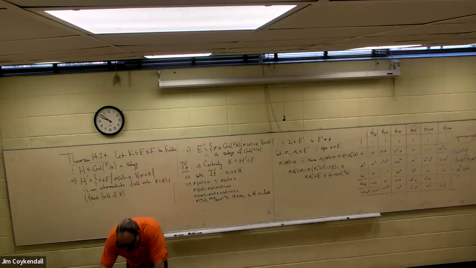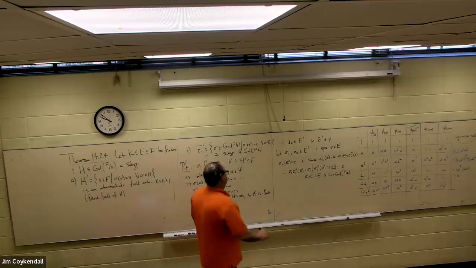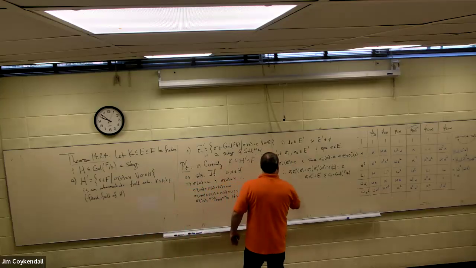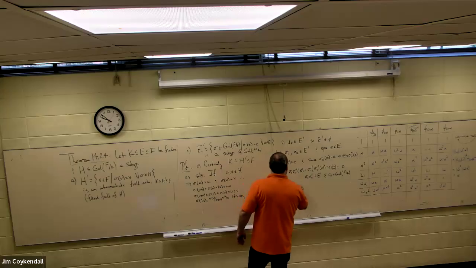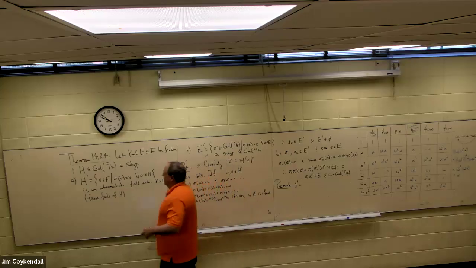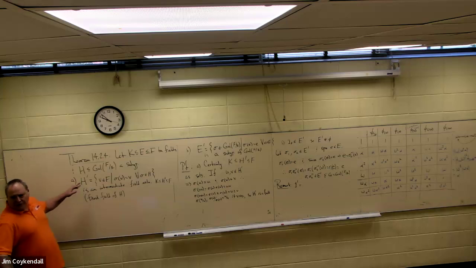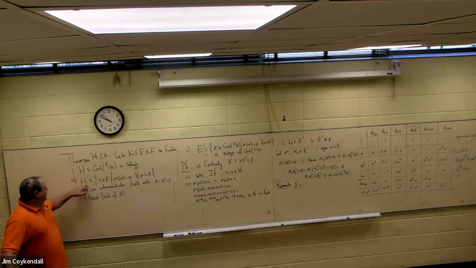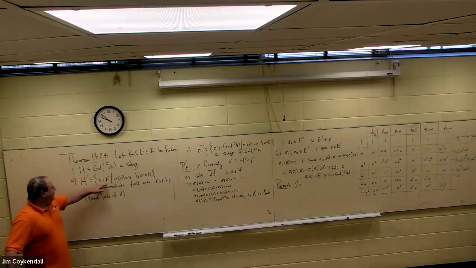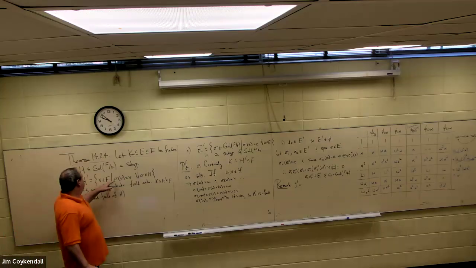Let me remark that, look at 1 prime. Okay, so 1 is the identity subgroup of the Galois group. 1 prime is everything in F such that sigma V equals V for all sigma in H. Well, this is only the identity.